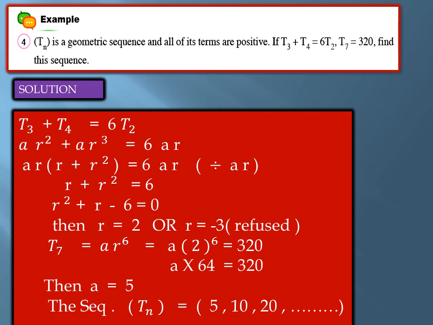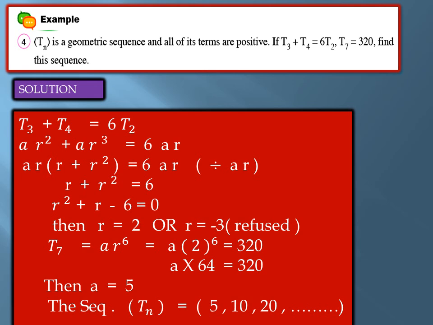Then we get R plus R to the power 2 equals 6. Now the quadratic equation: R to the power 2 plus R minus 6 equals 0. We can use the calculator to get R equals 2 or R equals negative 3.